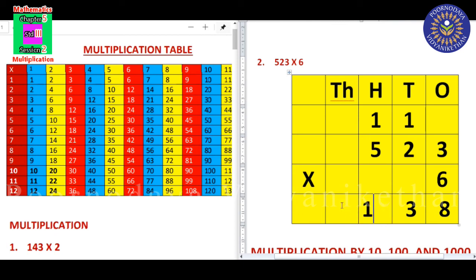So 1, here 3. 31 you have to write like this. Read the answer. 3138. The answer is 3138. Did you understand? Like this you can multiply two numbers.